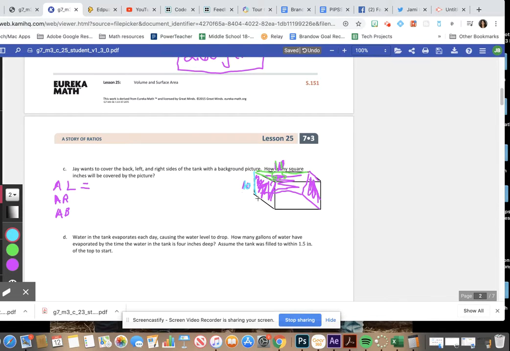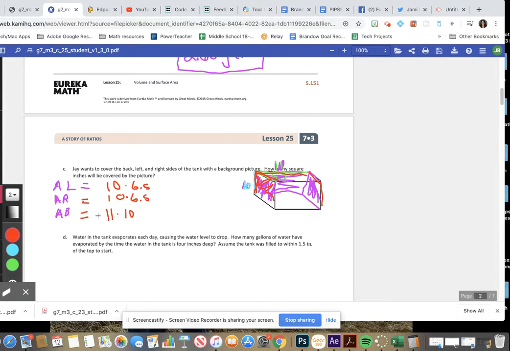Okay, so area of this left hand side would be 10 by 6.5. So 10 times 6.5. The right hand side is also 6.5 by 10 times 6.5, and the back is 11 long by 10 tall, so 11 times 10.